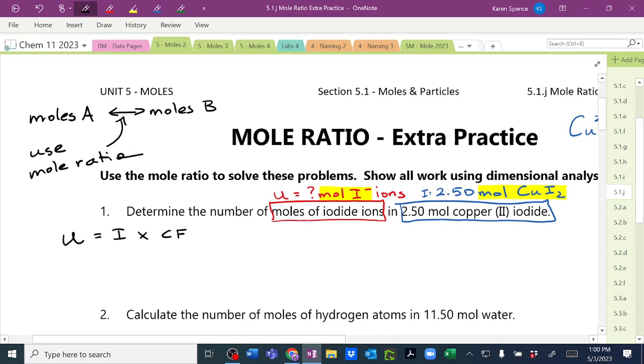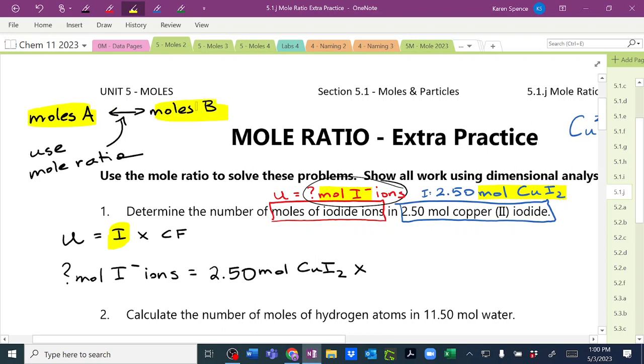So our unknown, how many moles of I minus ions is equal to our initial quantity, which is the 2.50 moles of CuI2. And I know I can convert between moles of one thing and moles of another by using the mole ratio. So this is only going to be a one-step problem.